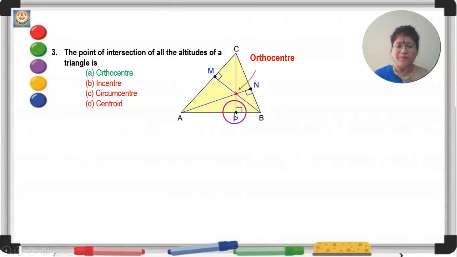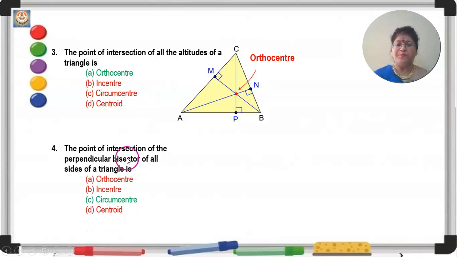Perpendicular sign is given. So these 3 perpendicular segments meet at a common point, and that point is called the orthocenter. So students, I want you to remember this definition, that the point of intersection of all the altitudes of a triangle is called the orthocenter.